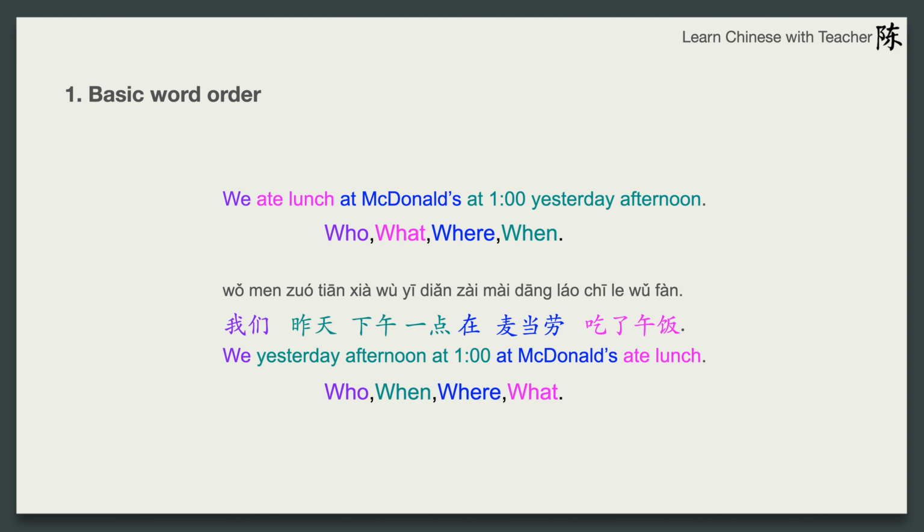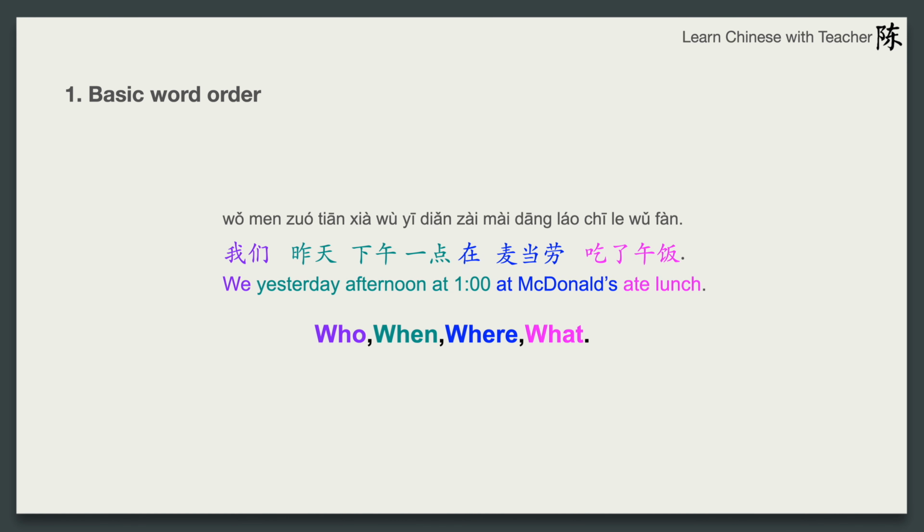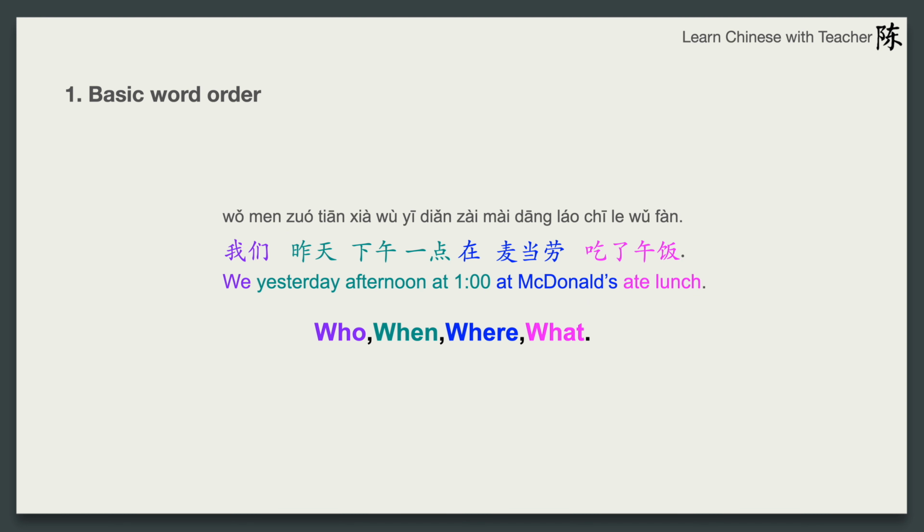Then it will be much easier to do it. The who, when, where, what sequence is the Chinese sentence word order. You need to memorize it, and every time you are making or saying a Chinese sentence, do it in this order. Then you will do it correctly.